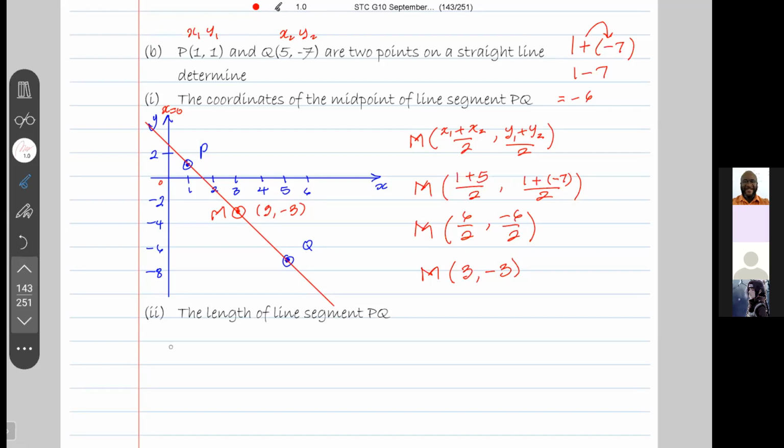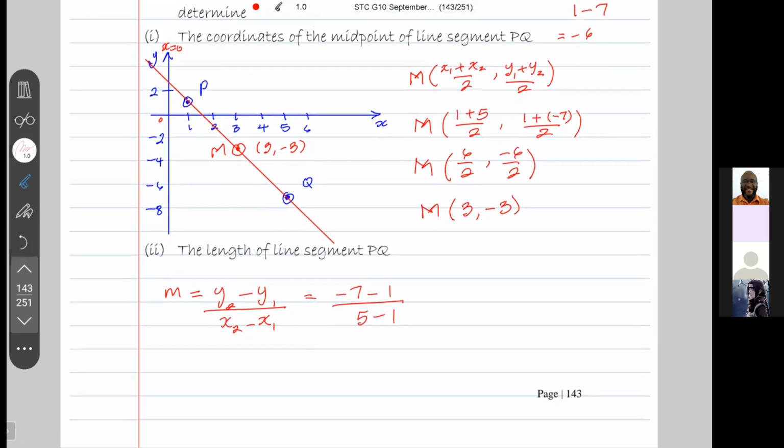Guys, the gradient m is y2 minus y1 over x2 minus x1. Y2 is minus 7, minus y1, which is 1, over x2, which is 5, minus x1, which is 1.